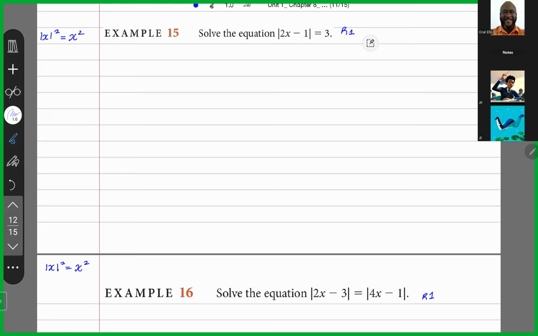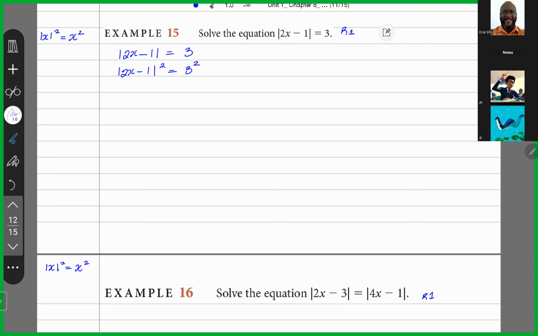We have done questions like example 15 already, but we're going to do example 15 using result 1. Now, the mod of 2x minus 1 is equal to 3. Using result 1, it means that the mod of 2x minus 1 squared is equal to 3 squared.